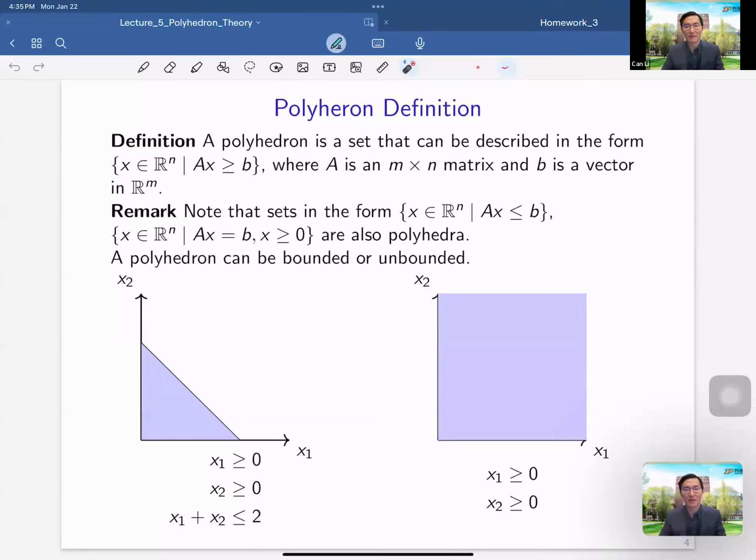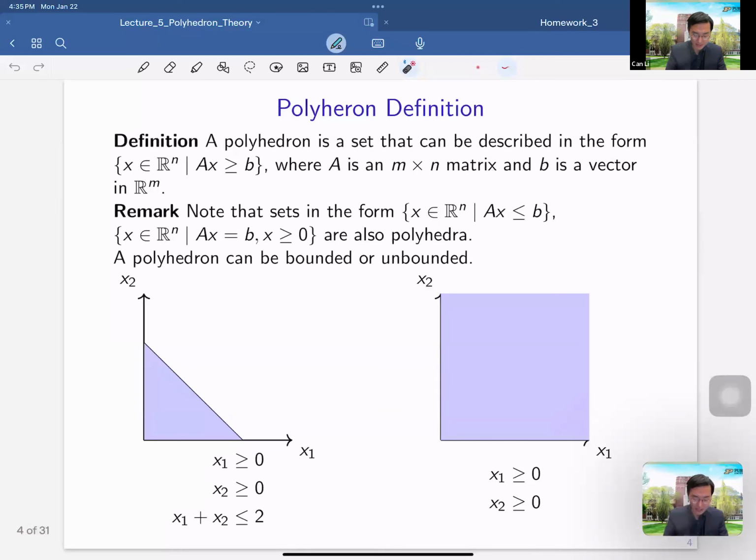So first of all, let's define what a polyhedral set is, right? Usually, without loss of generality, we can denote a polyhedral set by Ax greater than or equal to b. Here A is an m by n matrix and b is a vector in R^m. In other words, you can think of a polyhedral set as M linear inequality constraints written as the matrix inequality Ax greater than or equal to b. We also talked about how linear programming can be represented in different forms.